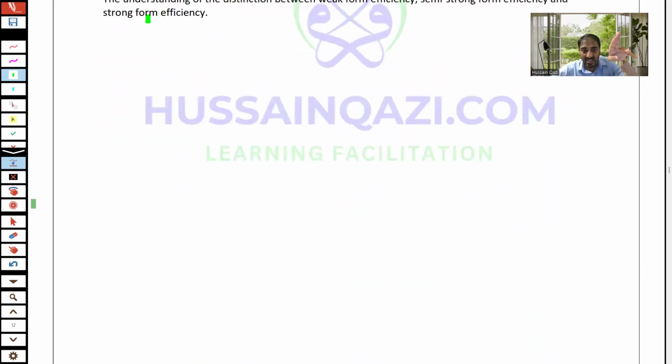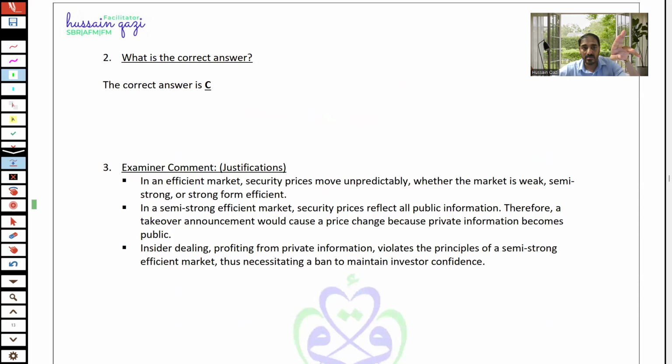Whenever you are referring to the solution, you have to read why we have not opted for the other answers and why we opted for answer C. So we have identified the answer is C, but why not the others? You have to read it.